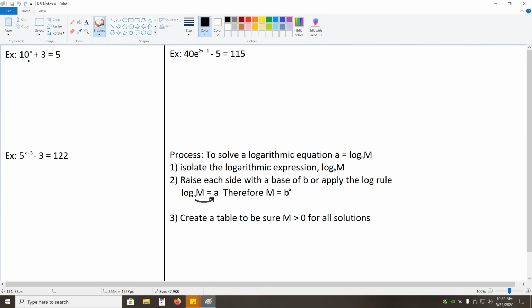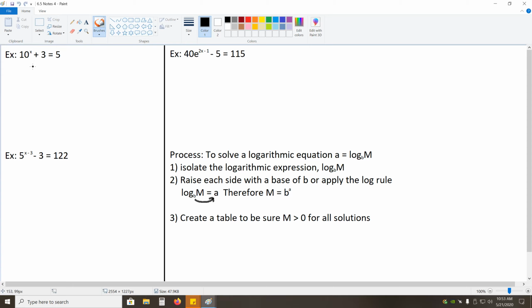So, in this problem, we have 10 to the x plus 3 equals 5. We're going to go ahead and solve this for its exact value. When we say find the exact value, it means we're not approximating, we're not finding a decimal value.